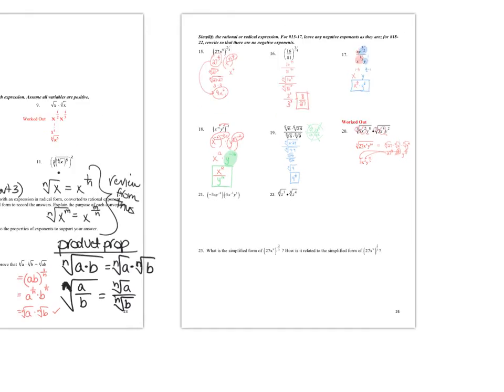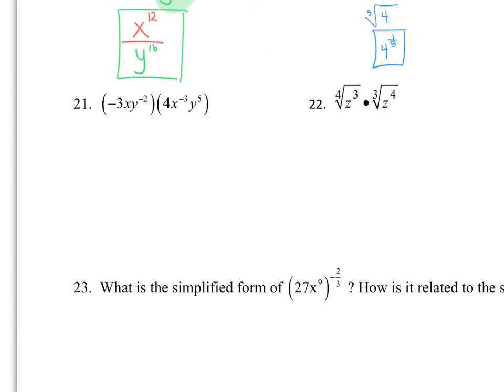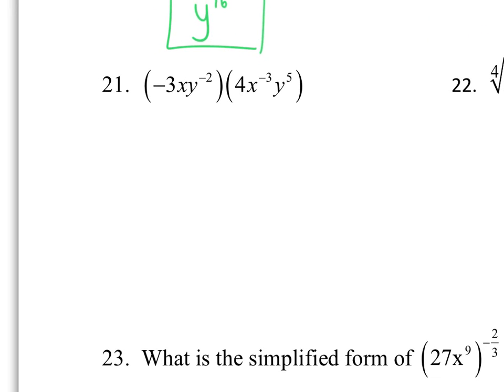Okay, 21 and 22. All right, so looking at 21, you have no power outside, so that's great news. So all we need to do is multiply our like bases. So like bases, first of all, your numbers. Your next set of like bases are your x's.